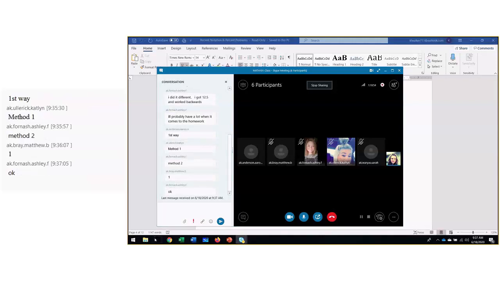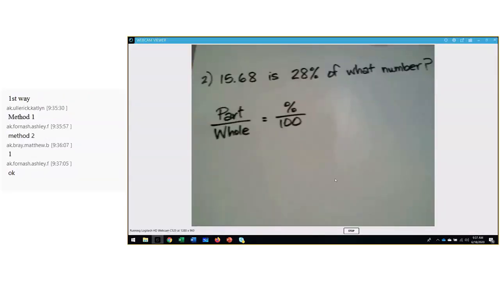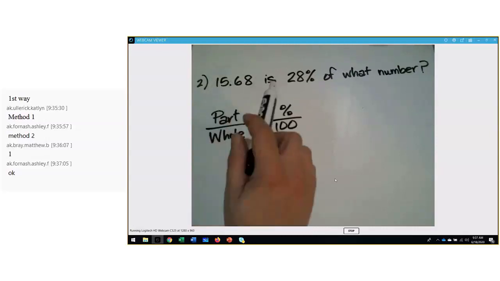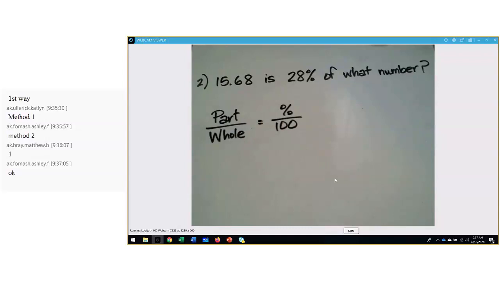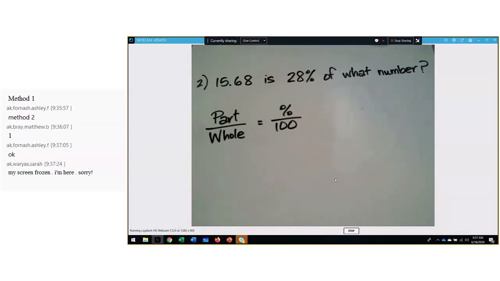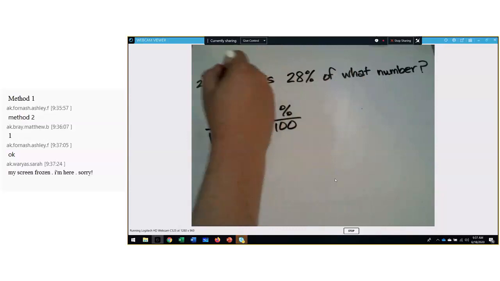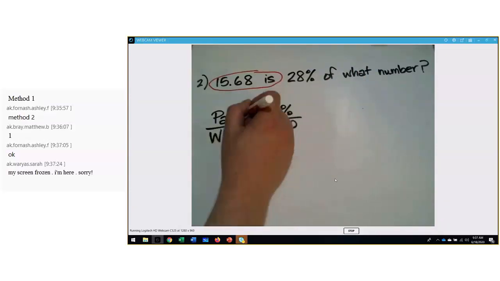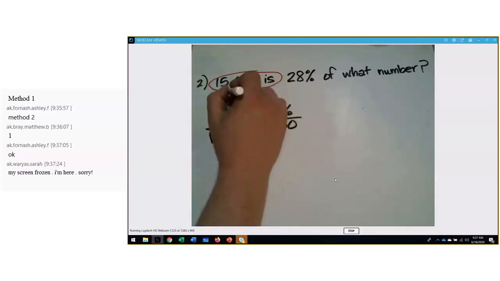Okay, so here we go. Here's the problem. Is 15.68 28% of what number? And based on the vote, I'm going to go with method 1. So first thing is we have to figure out what we've got. I see the is, so there's my part.